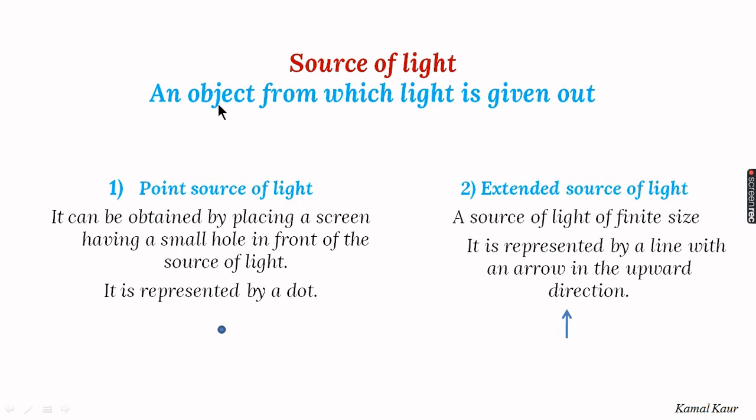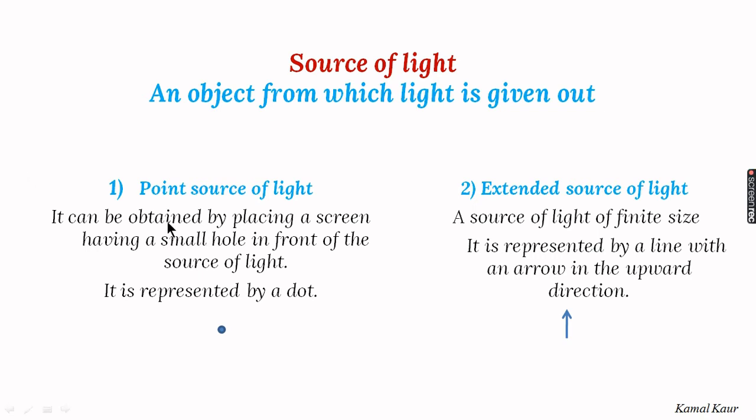A source of light is an object from which light is given out. It can be a luminous source like the sun or a non-luminous source like the moon. On the basis of its size, we can also classify a source of light as a point source or an extended source. A point source of light actually does not exist, but we have to make it.